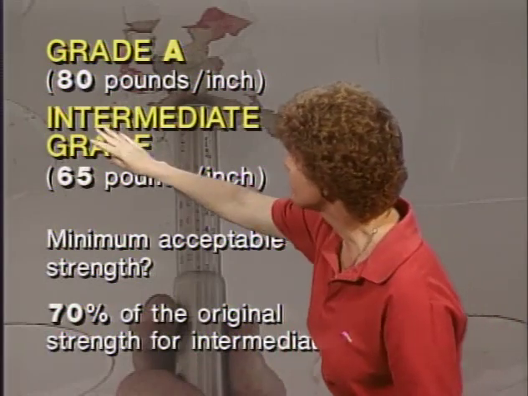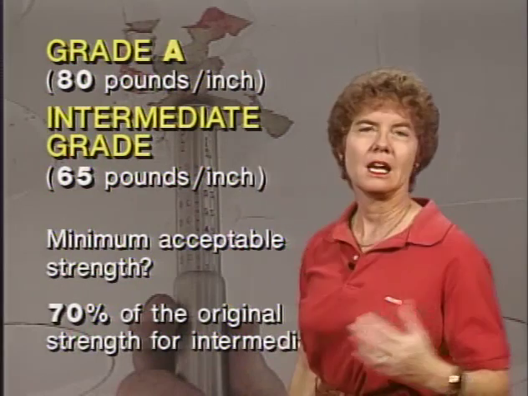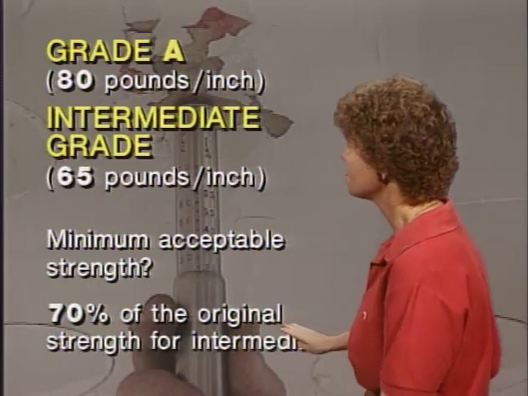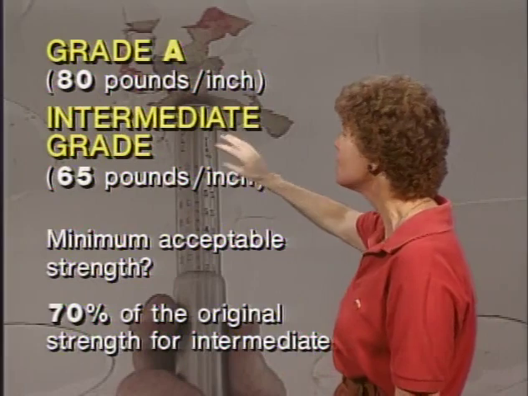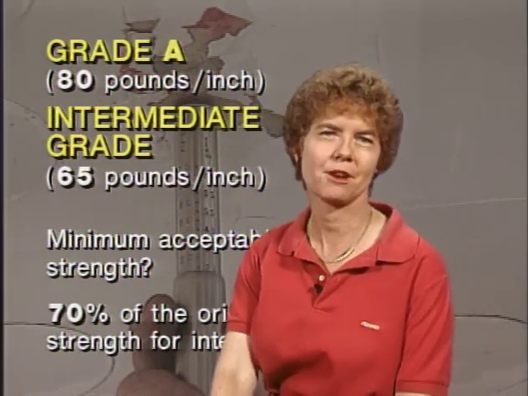So if the aircraft only requires intermediate grade fabric, and you use grade A, you still only need 70% of the original strength of the intermediate fabric, not 70% of the strength of the grade A fabric.